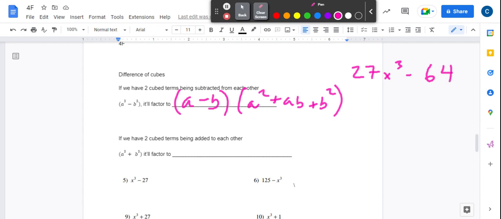We know 27 is really 3 cubed, okay? So 27x cubed is really 3 cubed x cubed, which we can reduce down to 3x to the third power.